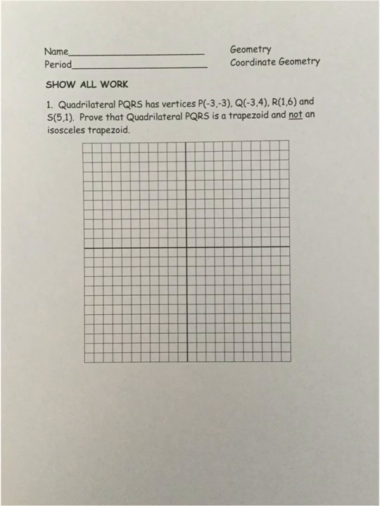And lastly, I'm asked to prove that quadrilateral PQRS is a trapezoid and not an isosceles trapezoid. So that means I'm going to show one pair of opposite sides that are parallel and that the legs are not congruent.